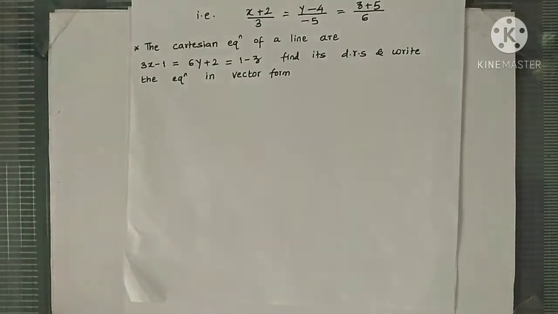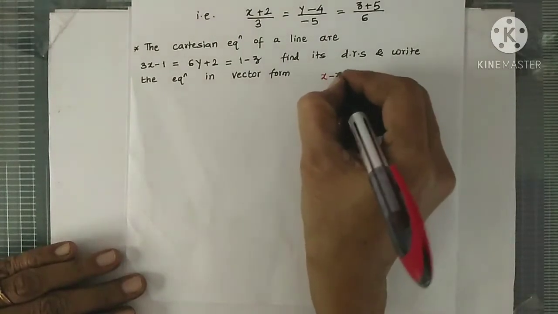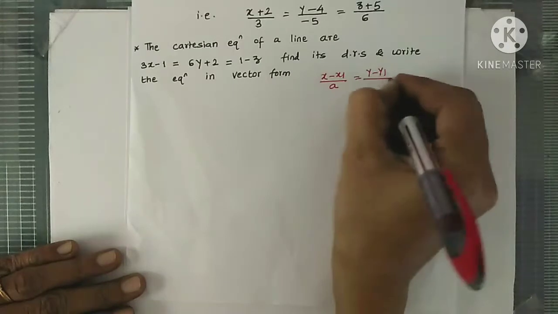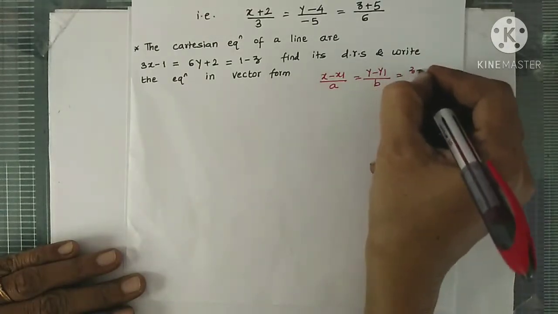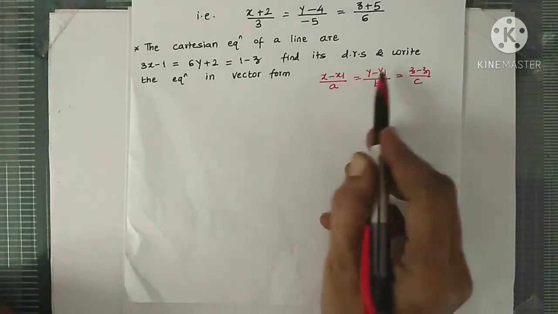As we have said earlier, (x - x1)/a = (y - y1)/b = (z - z1)/c. If this is equation of the line in Cartesian form, then the denominator part is direction ratios. But what we need is the equation in the form (x - x1)/a, (y - y1)/b, (z - z1)/c.